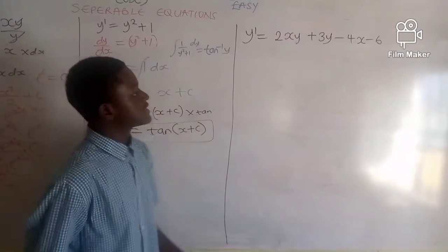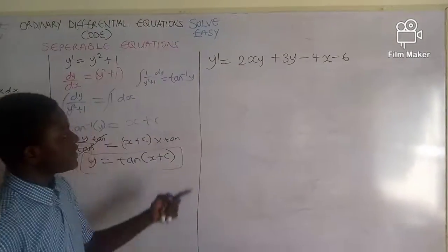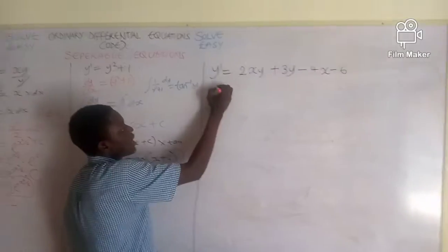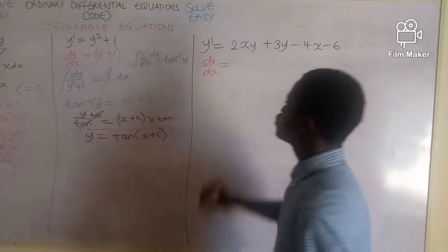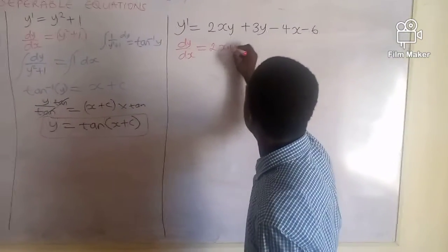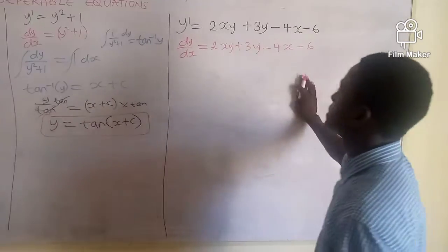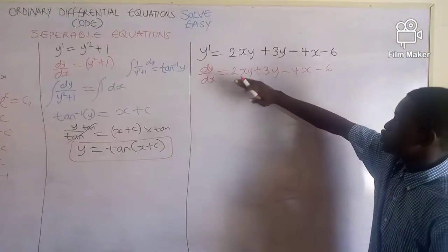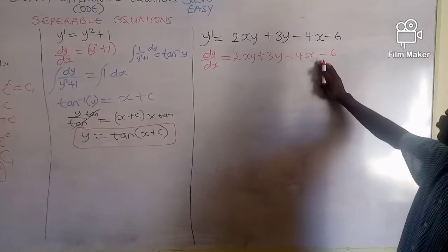Now moving on, this is more like a linear equation. We can represent this as dy/dx equals 2xy plus 3y minus 4x minus 6. We can factor out y from here and factor out minus 2 from this place.